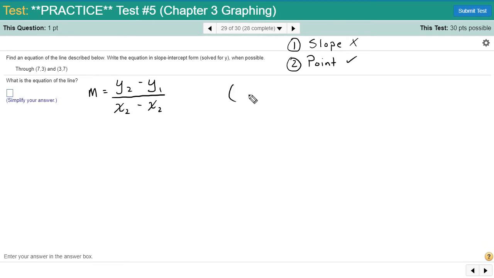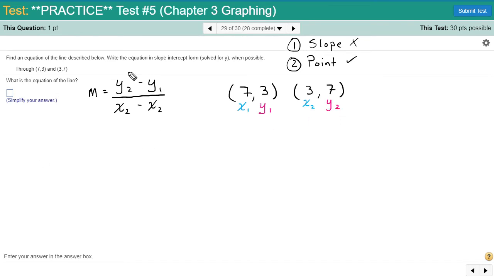So if we're dealing with the points 7, 3, and 3, 7, let's go ahead and label our points. So this will be x sub 1, this will be x sub 2, and of course that means this 3 here will be y sub 1, this 7 will be y sub 2.